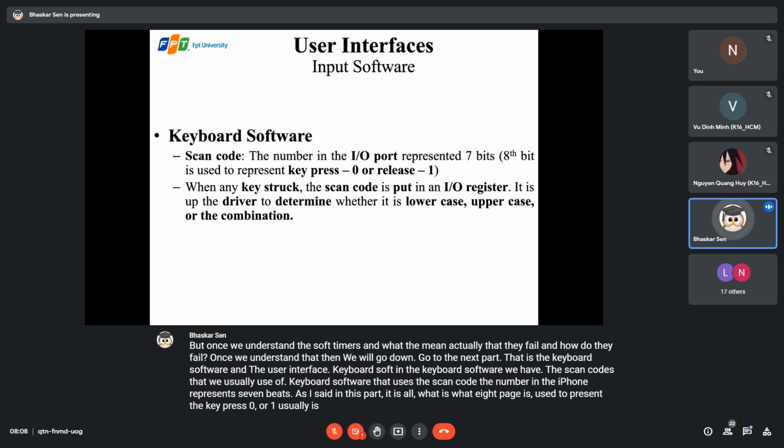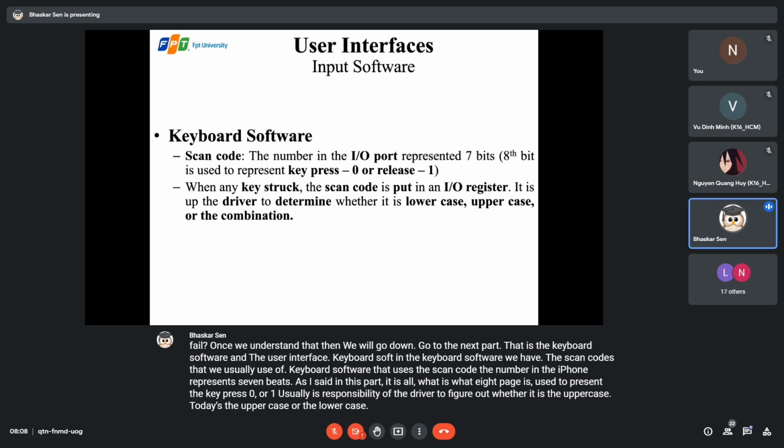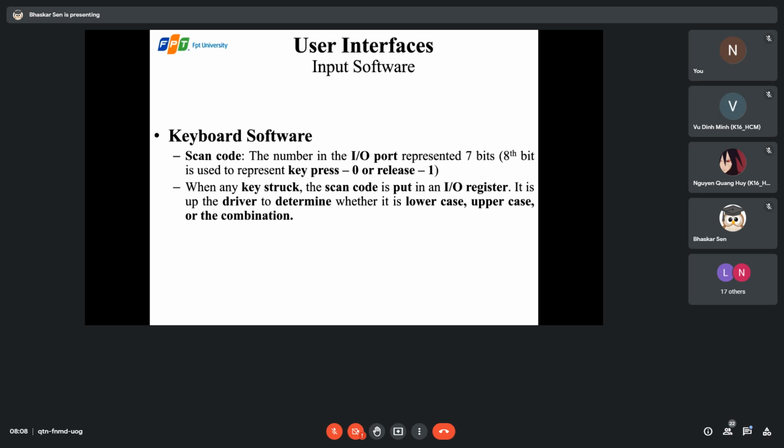Usually, it's the responsibility of the driver to figure out whether it is uppercase or lowercase. So that is what it does.